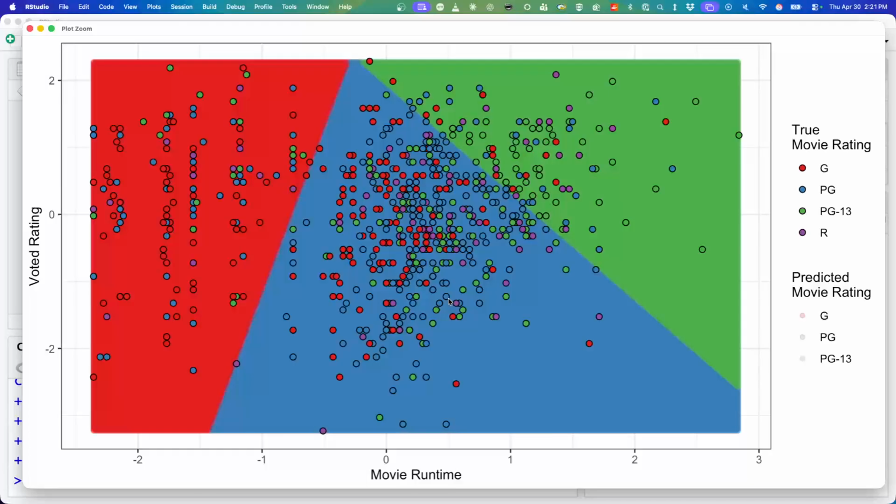Okay. Let's look at one more example before we move on. I think this one's a little bit more interesting. So we'll jump back over here.